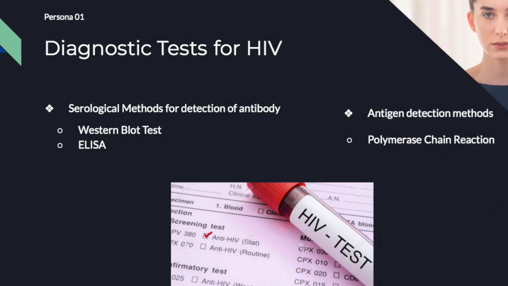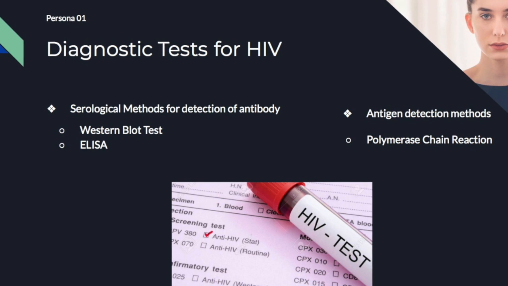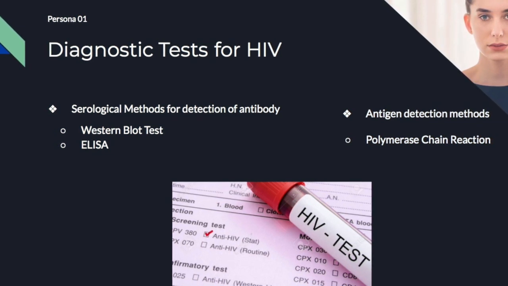There are a couple of diagnostic tests to test for HIV. These tests include serological methods for detection of antibodies, such as the Western blot test and the ELISA assay, and the antigen detection methods, such as the polymerase chain reaction assay.